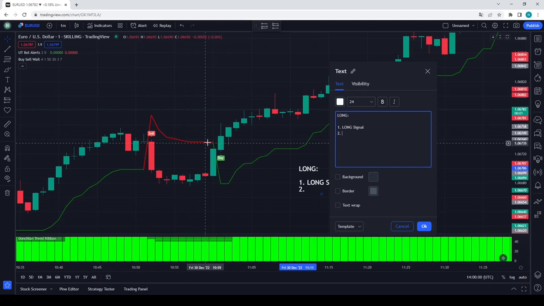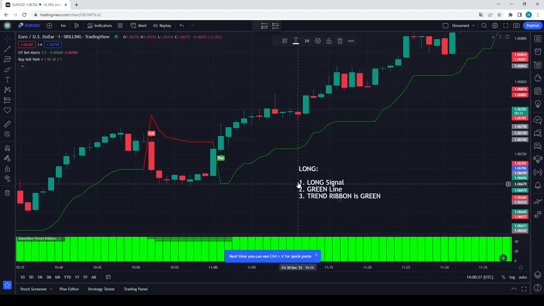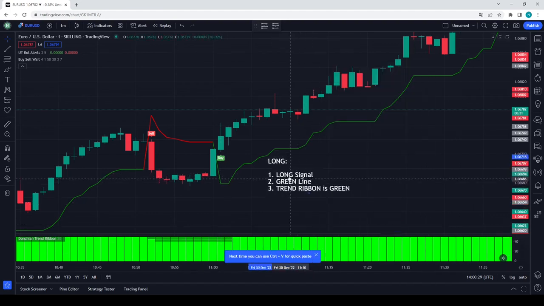So like here, it changes from red to green. So we have a green line. The last condition is that the Donchian Trend Ribbon has to be green as well. So I just write it down a little bit shorter. So the Trend Ribbon is green as well. These are all the three conditions that have to be valid.